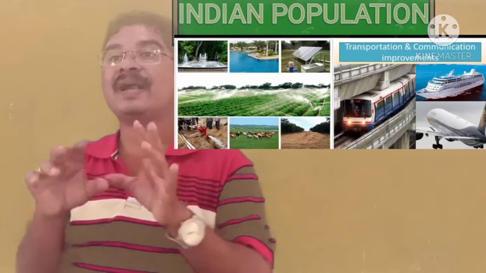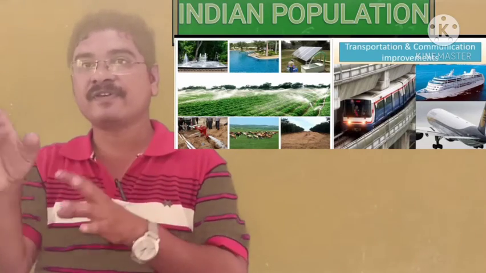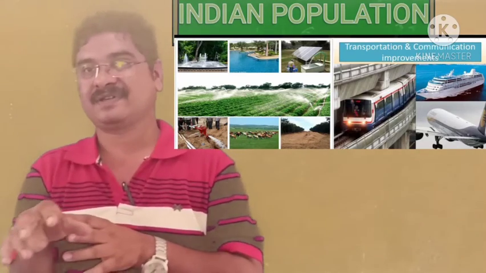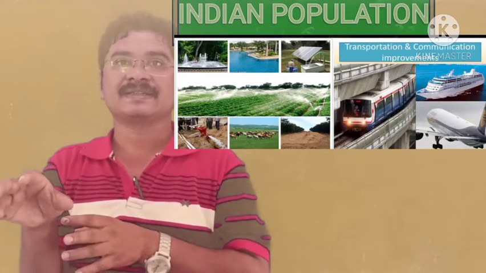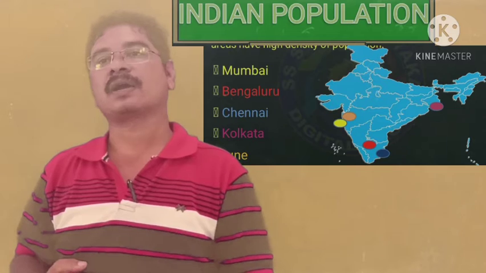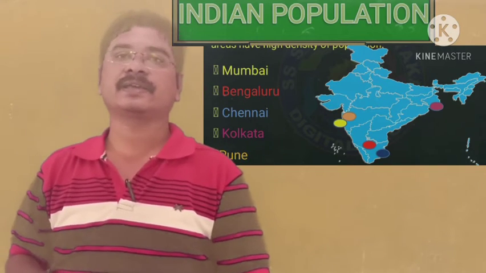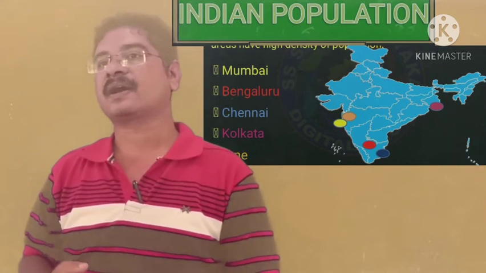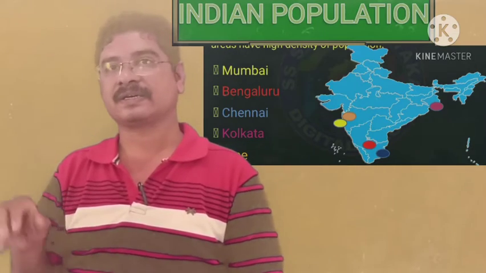Outside the main belt, people live near industries, and commercial and urban areas have high density of population. Mumbai, Pune, Bangalore, Chennai, Kolkata are high density population cities.